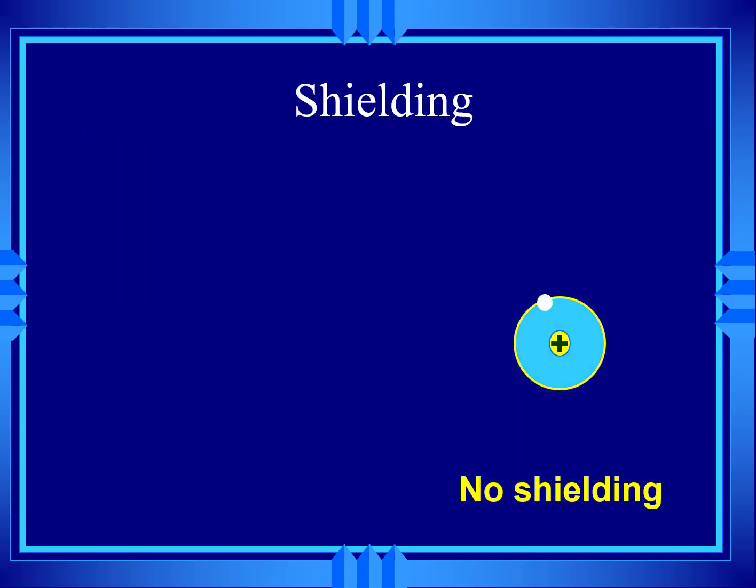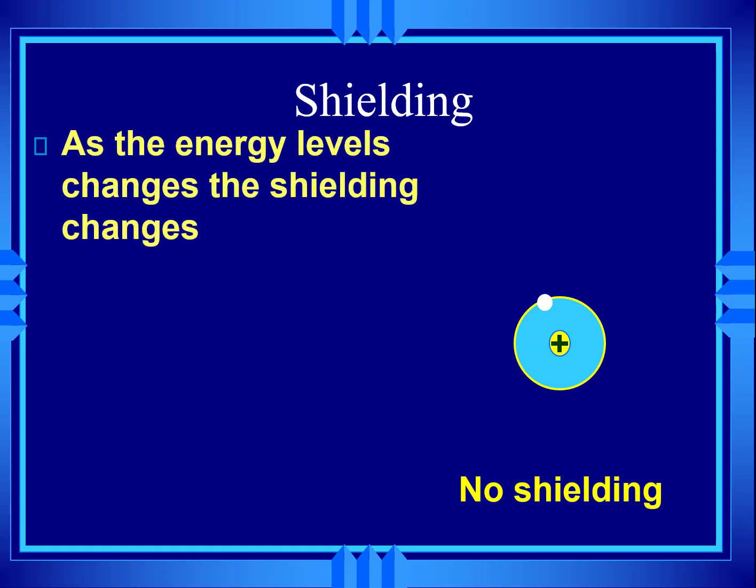So, a hydrogen atom, one energy level, one electron. It has no shielding. It's going to feel the full effect of that positive charge because there's nothing in the way. But as the energy levels change, the shielding changes. So this is hydrogen.